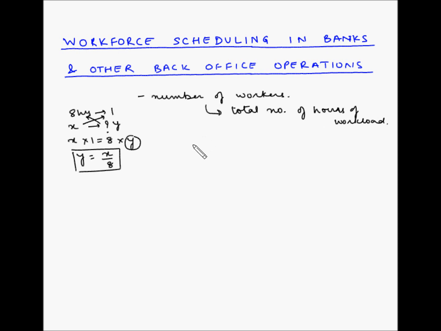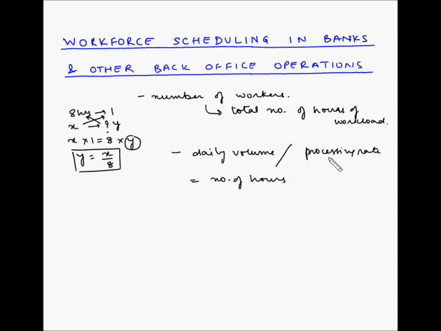So if we know the total demand, that is the daily volume of the documents to be processed, and if we know the processing rate, that is how many documents can be processed per man hour, then if we divide the daily volume by the processing rate, we will get the number of hours.